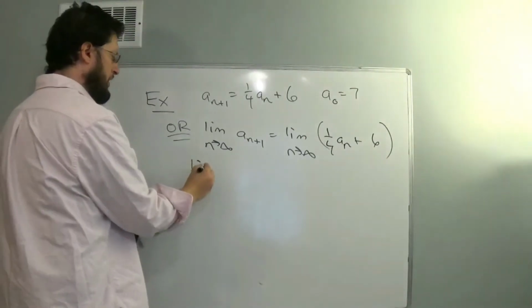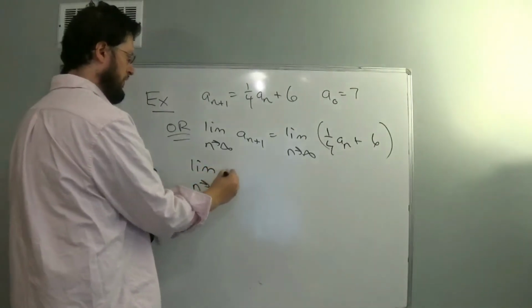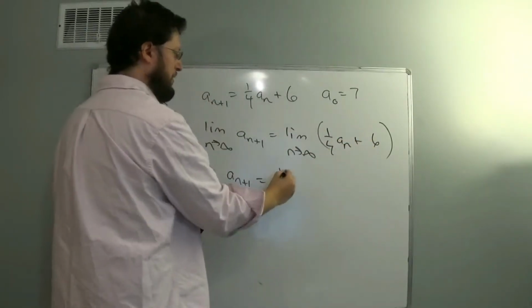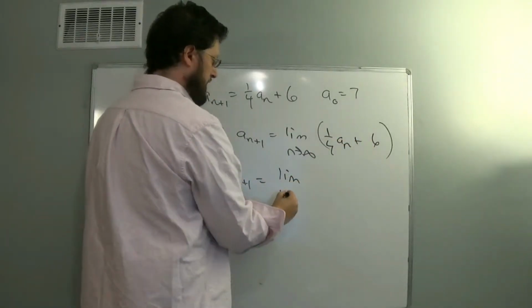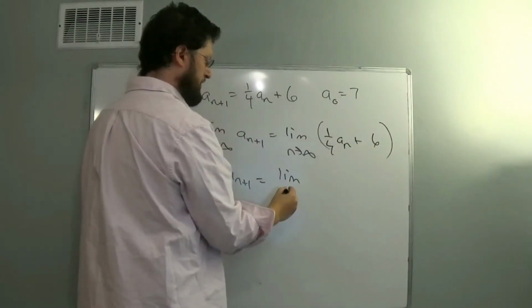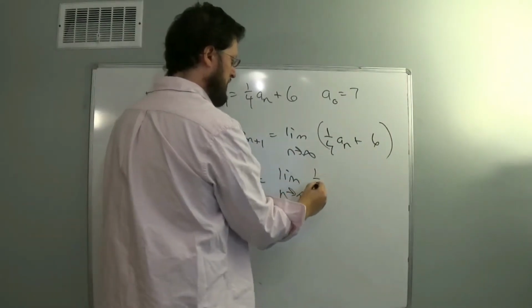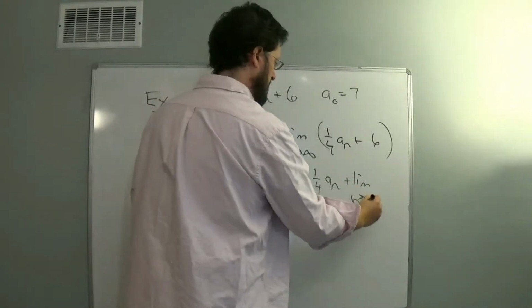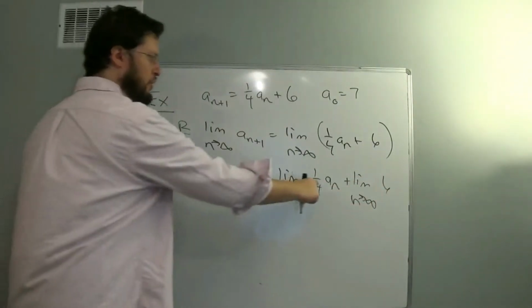So first let's just say this. I'm going to distribute this limit, which I'm allowed to do because this is just a sum. The limit of a sum is the sum of the limits. I can bring the 1/4 out.